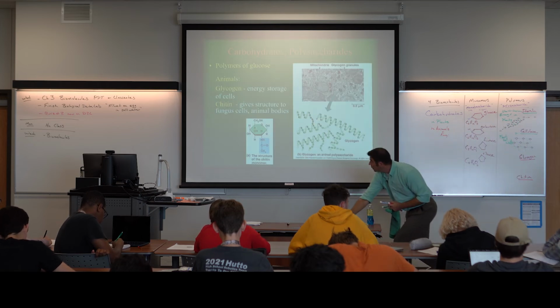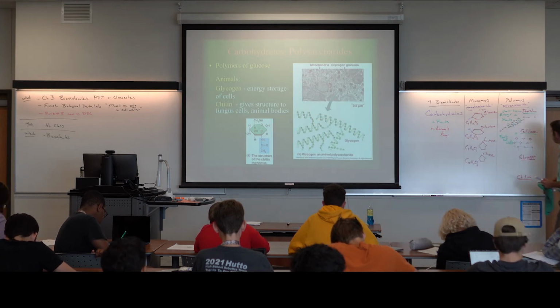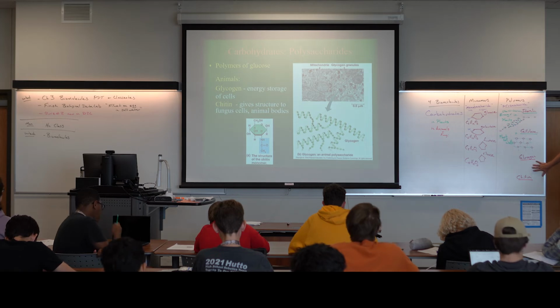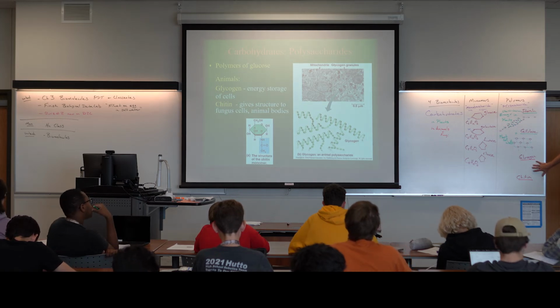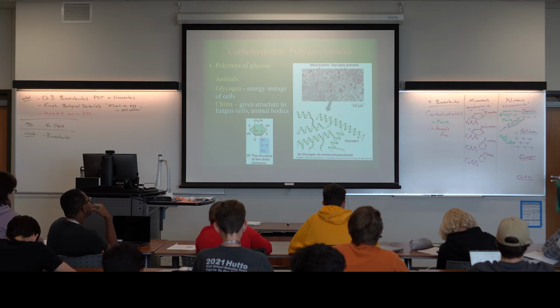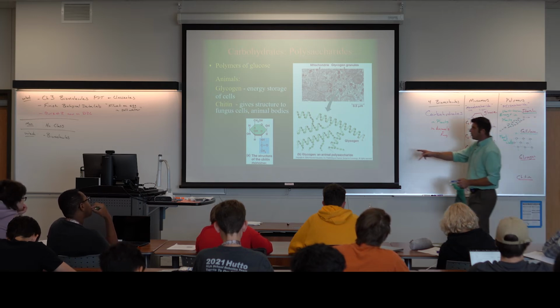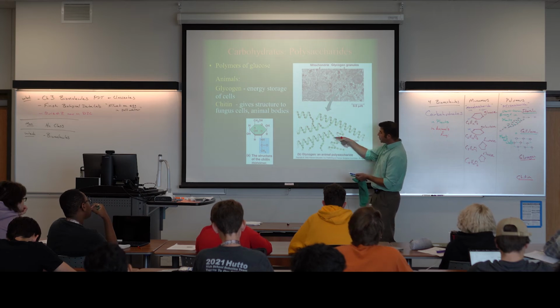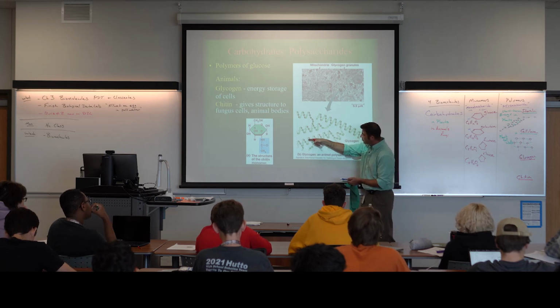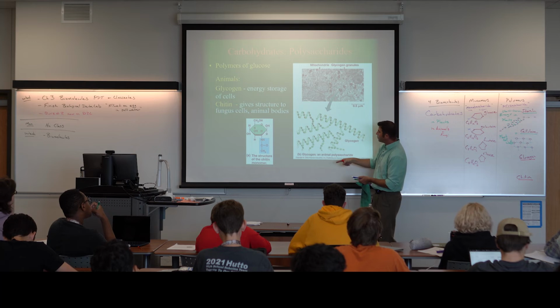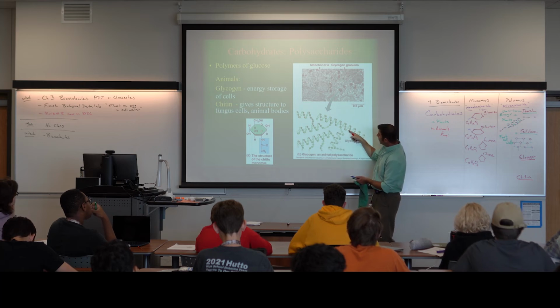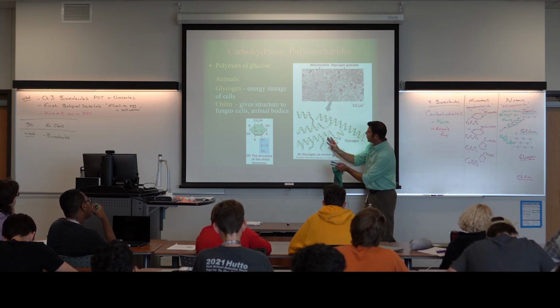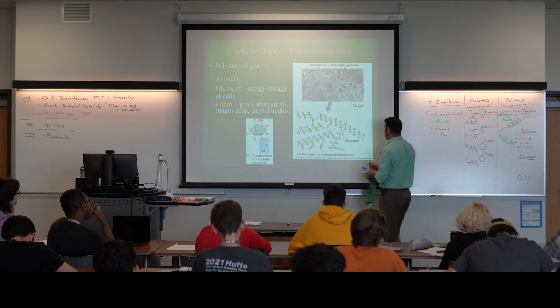Going back to the slide, let's switch gears and look at these polymers of carbohydrates that are found in animals. The first example that we can see up here is called glycogen. And if you look at glycogen, it kind of looks like starch. It's got these spirals, these coiled chains of glucose molecules, but they kind of form these branch points where these coils branch off from one another.